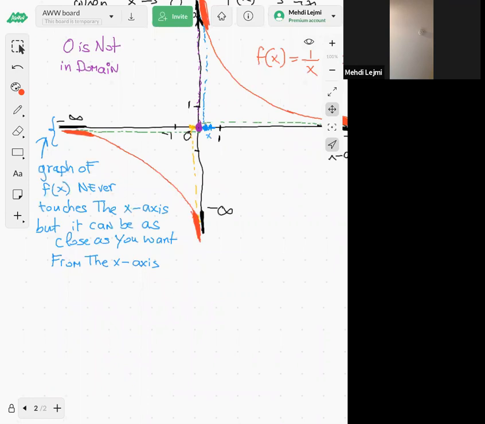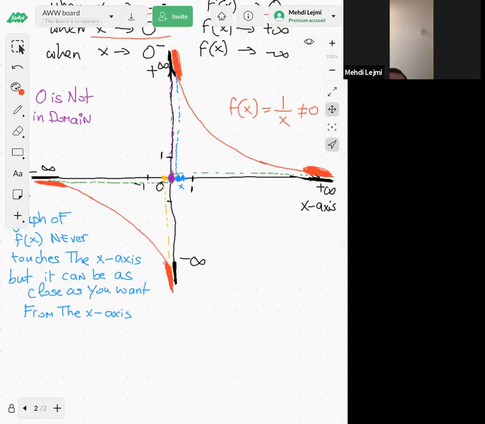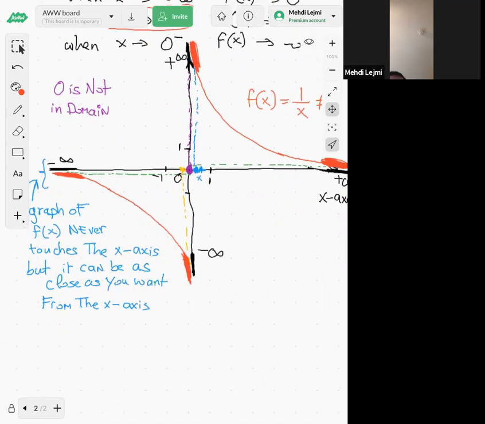Okay. Well, before the next example, let me introduce some terminology here.